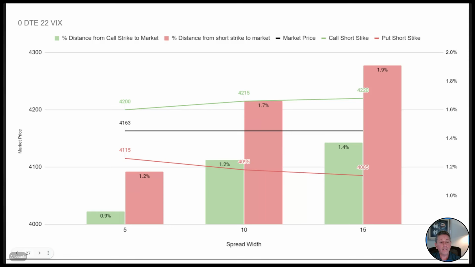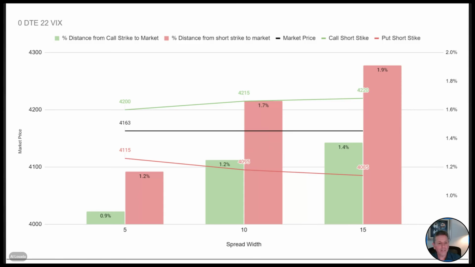The green is on the call, and the put is on the put. These are great for 5 wides, because you can really roll those things way out.